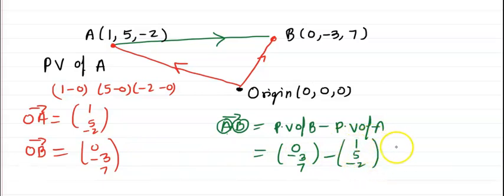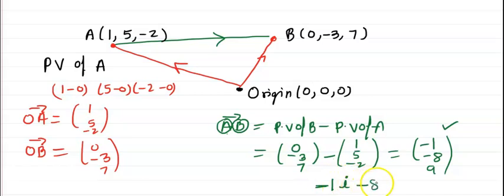When you take away, 0 minus 1 becomes -1, -3 minus 5 becomes -8, and 7 minus -2 becomes plus, 7 plus 2 is 9. So we got -1, -8 and 9. You can write this as a column vector, or if you don't want a column vector, you can write -i, -8j and plus 9k. It's up to you, it's your choice.